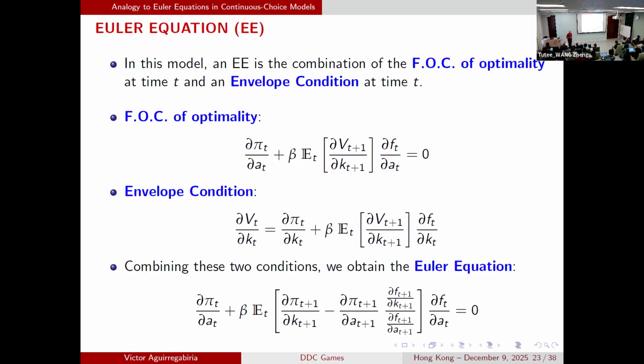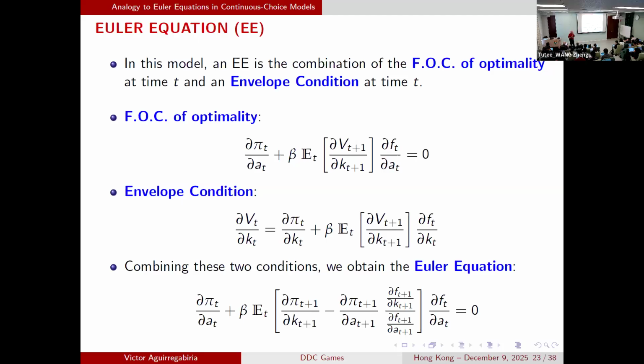What is an Euler equation? When using a continuous choice decision model, an Euler equation is a combination of two marginal conditions: the first order condition of optimality and the envelope condition. We can combine the two conditions to eliminate marginal values, similarly to how finite dependence let us eliminate the expected value from period t+2 onward, getting rid of that additional continuation value.